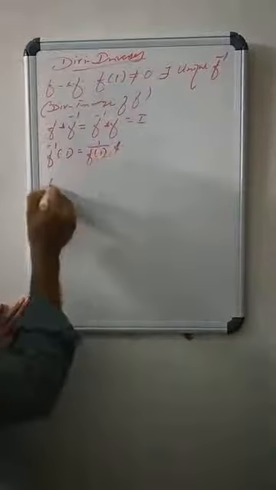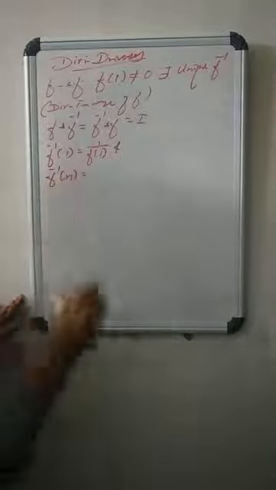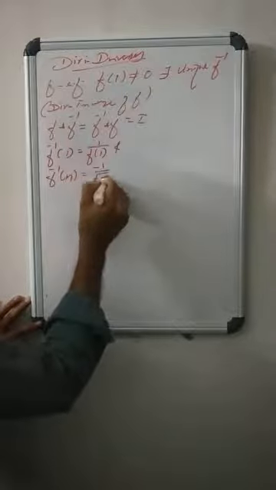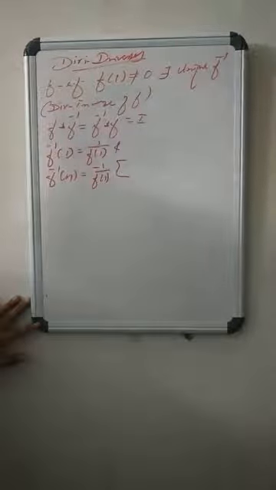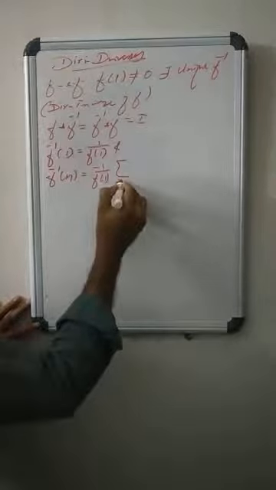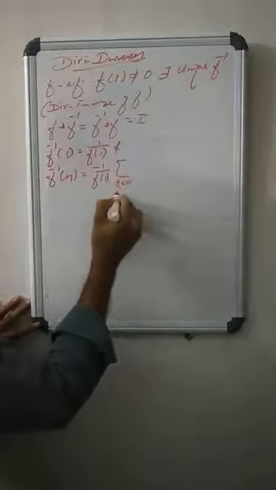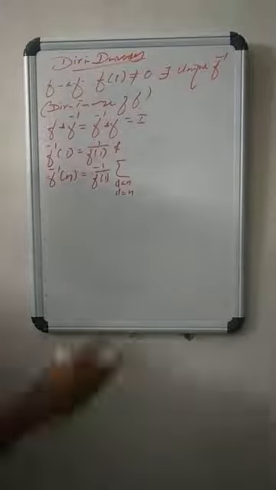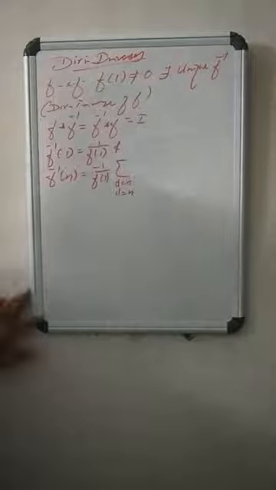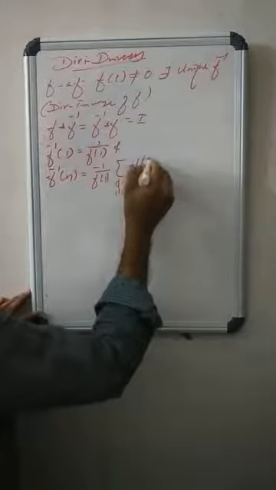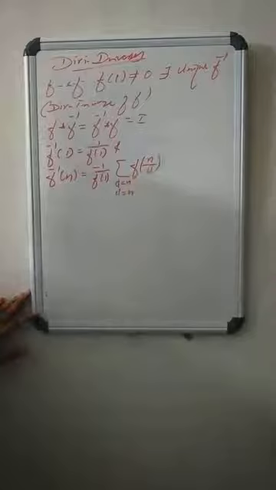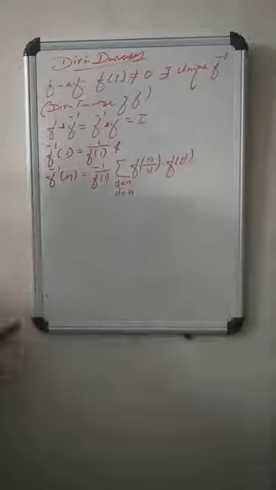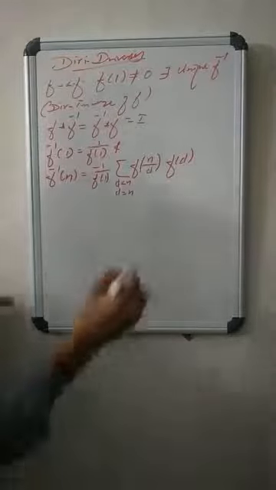And f inverse of n equals minus 1 by f of 1 into the sum over d divides n, d less than n, of f of n by d into f inverse of d, for n greater than 1.